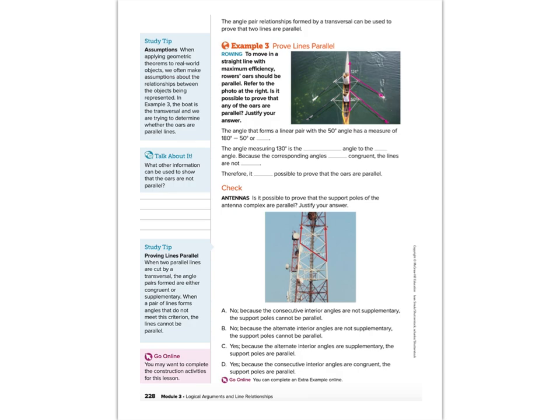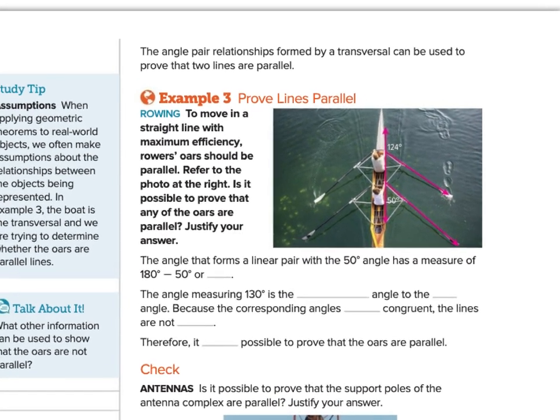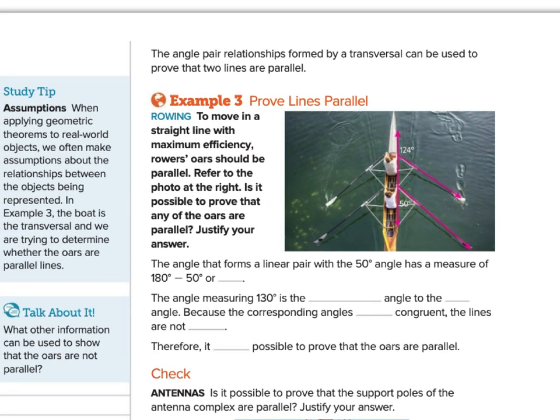Let's see here, looking at this. In this example, to move in a straight line with maximum efficiency, rowers' oars should be parallel. Refer to the photo at the right. Is it possible to prove that any of the oars are parallel? Justify your answer.